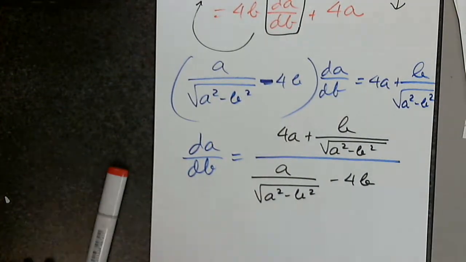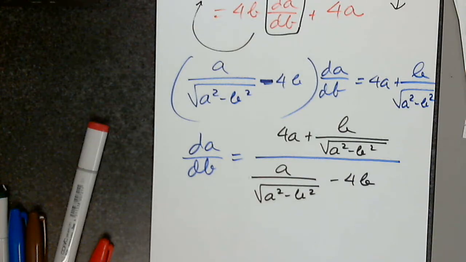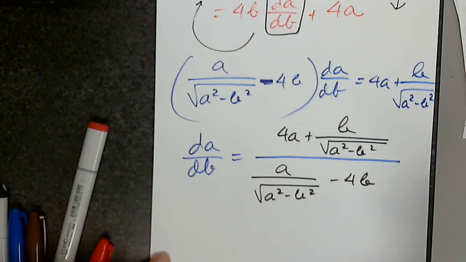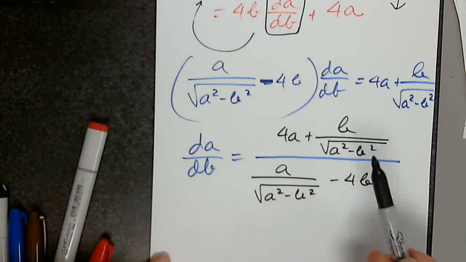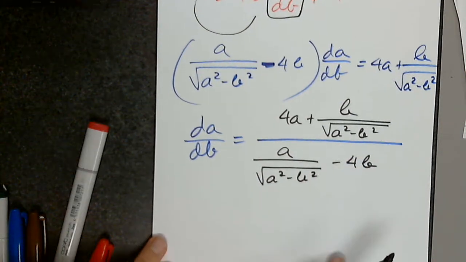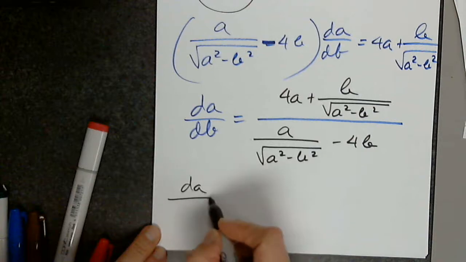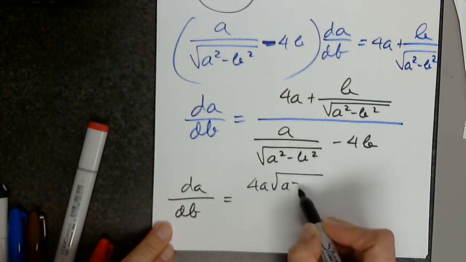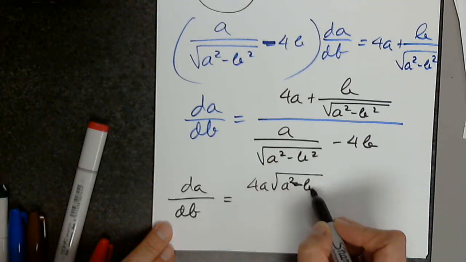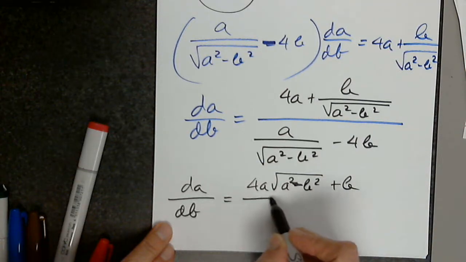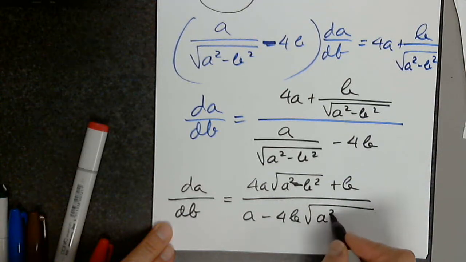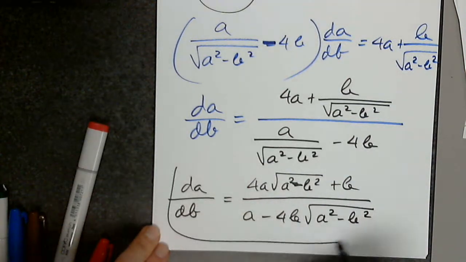It is recommended to combine, like find the least common denominator and eliminate the denominator because they are the same. You can say I'm multiplying the top by the square root and multiplying the bottom by the square root. If that's what you want to think in terms of, that's fine too. So 4a the square root of a squared minus b squared plus b over a minus 4b the square root of a squared minus b squared.